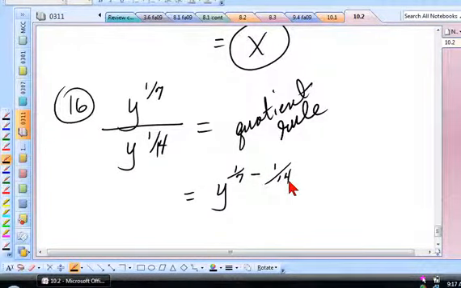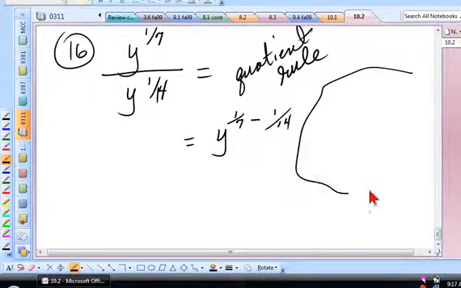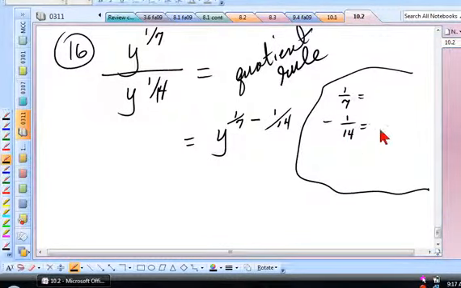I was not given the same gift this time, but hopefully not a real big deal. Okay, I'm going to go over here to the side. I have 1/7 minus 1/14. What's the common denominator? 14. 7 goes into 14 2 times, and 2 times 1 is 2.